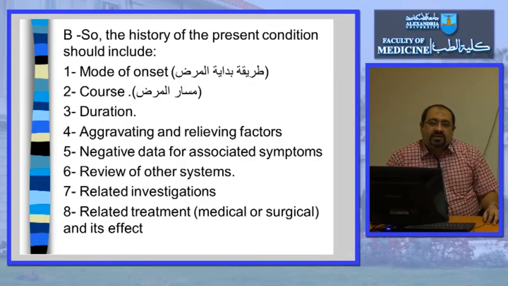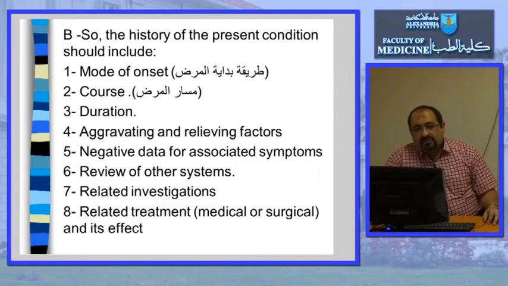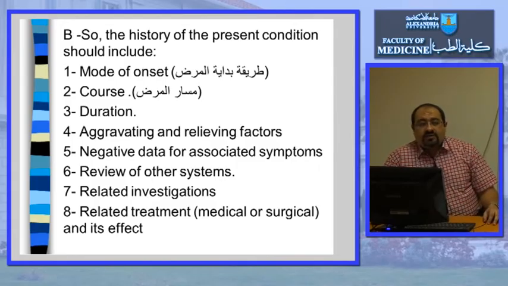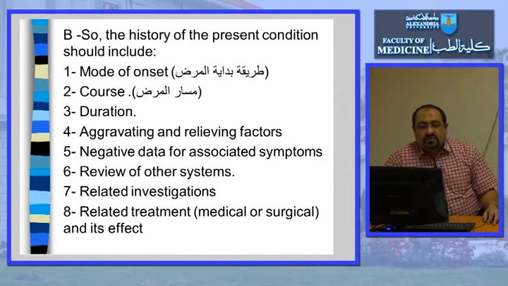If the patient is complaining of vomiting, you can ask about the amount of the vomitus, the content. There are certain items that can be added to every complaint that are specific for that complaint, but these eight items are common between all the complaints and should be asked to all patients. The additional items will be discussed in detail when we discuss the symptomatology.